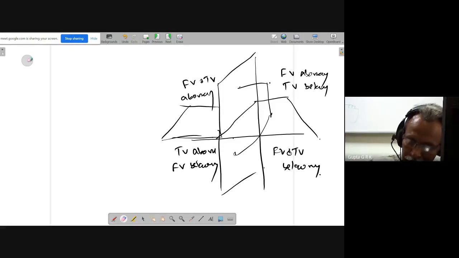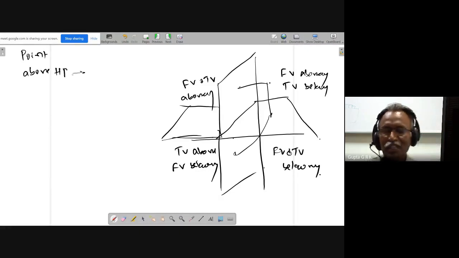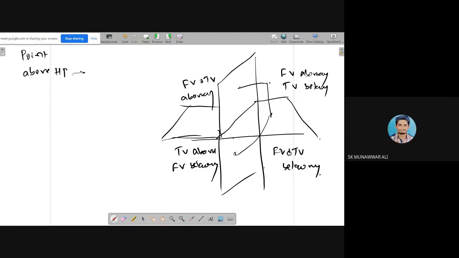Now I will ask you, right? If a point is above HP, can I be sure of its front view or top view, whether it is below XY or above XY? Front view above XY?